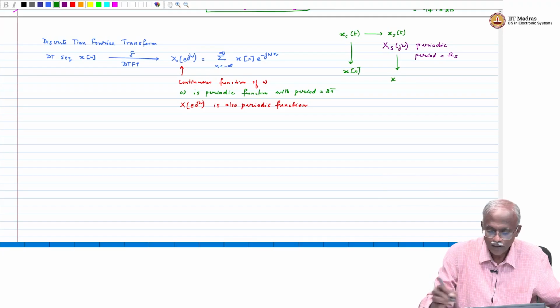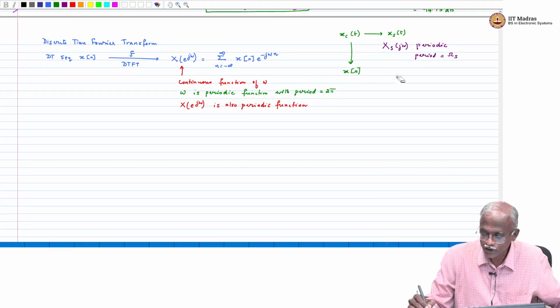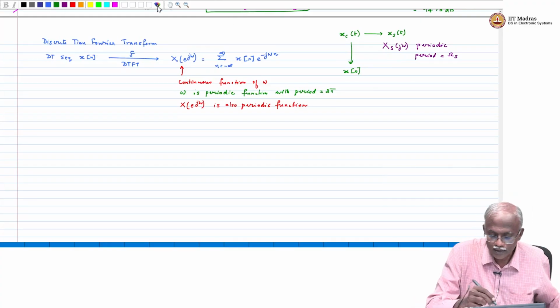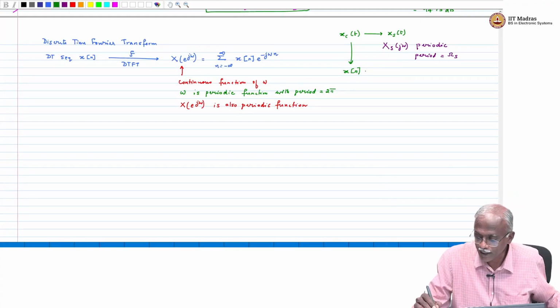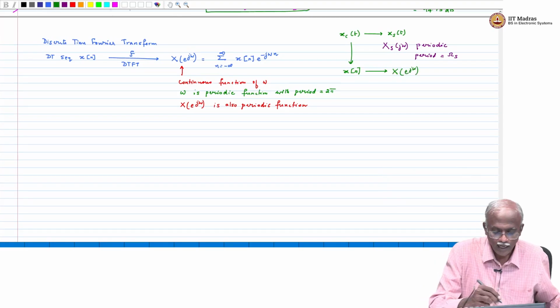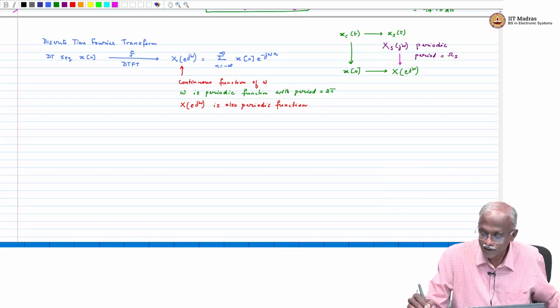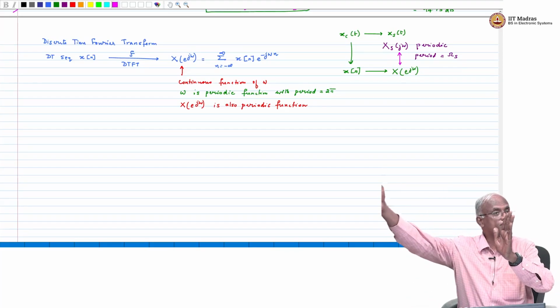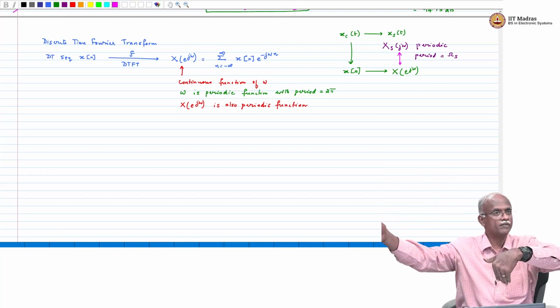So in the process of sampling, we got that, and what we are saying is that the Fourier domain representation of this is X(e^(jω)), and this has to be related to that, because that was a continuous time version of the sampled signal and this is the discrete time version of the sampled signal.